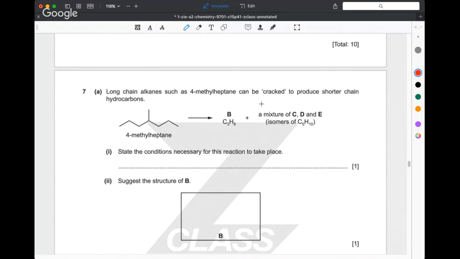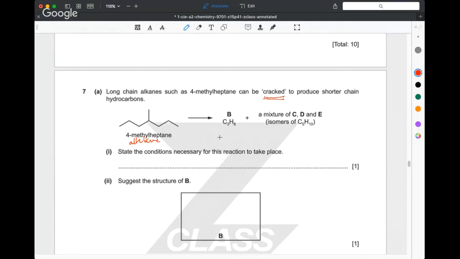talking about cracking here. So you've got a cracking reaction. And when you take hydrocarbon over here and an alkane, you get long chain alkanes from fractional distillation, and you want to crack them.